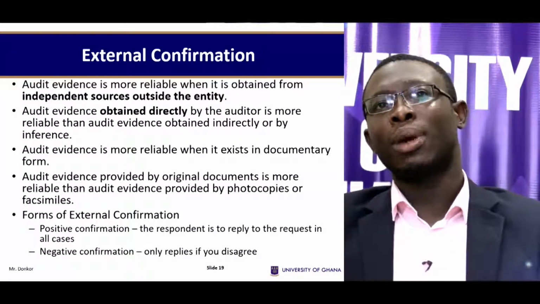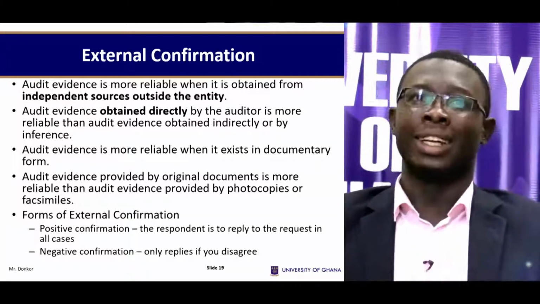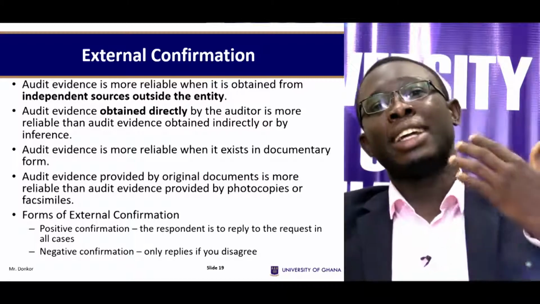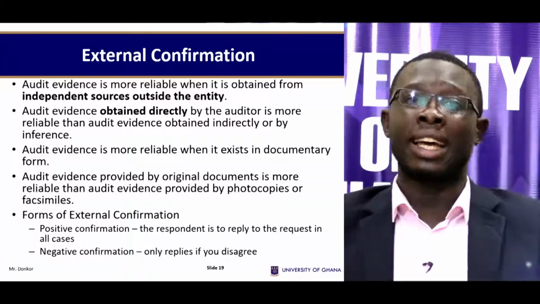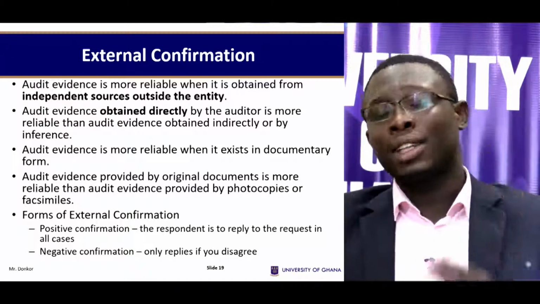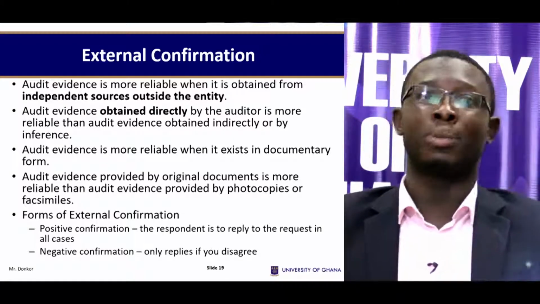Audit evidence provided by original documents is more reliable than audit evidence provided by photocopies and facsimiles. And therefore, if confirmation comes from outside the entity, it is very much reliable. External confirmation comes in two forms: positive confirmation and negative confirmation.